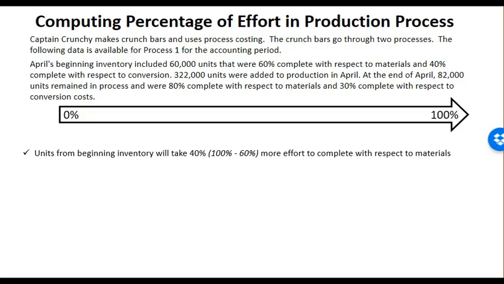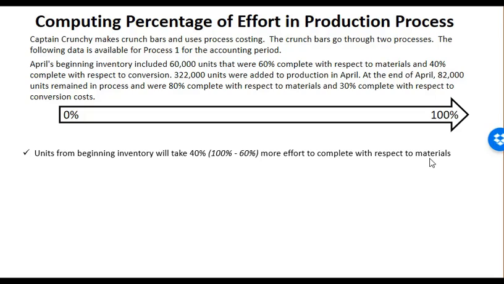How do we come up with 40%? To be complete, it has to be 100%. We know we've already expended 60% of our effort in that beginning inventory. So 100% minus 60% means we have 40% more effort to complete it.